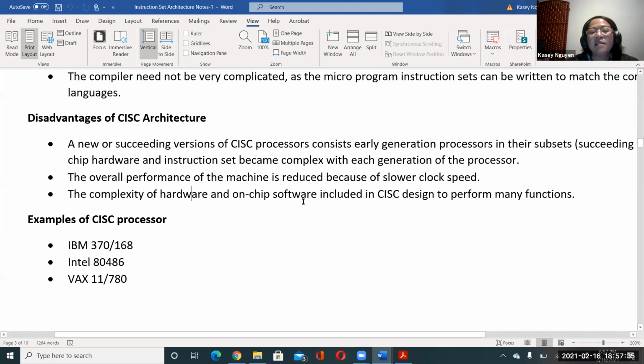The complex hardware is harder to build, and there would be more required instructions for the microprogram within it. Examples of CISC processors are the older Intel, some of the IBM ones, some VAX, and Motorola also has processors that would fall under CISC.